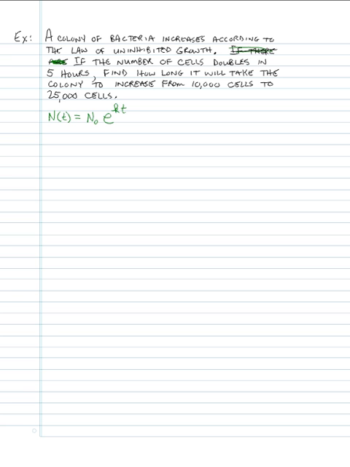And actually we didn't even need to know that N sub 0 is 10,000. All we need to know is it doubles in 5 hours. The number that we have doubles in 5 hours.